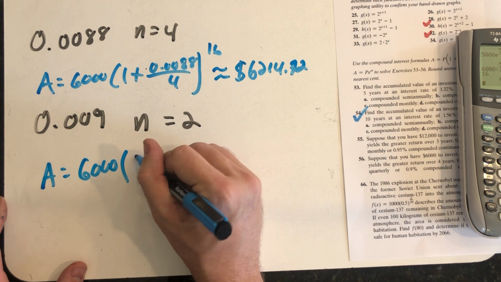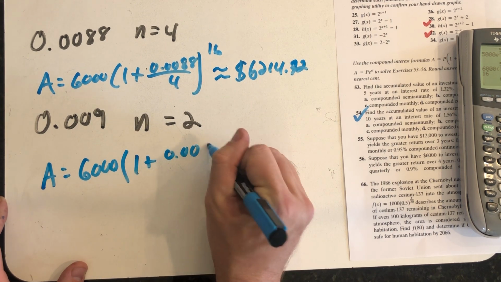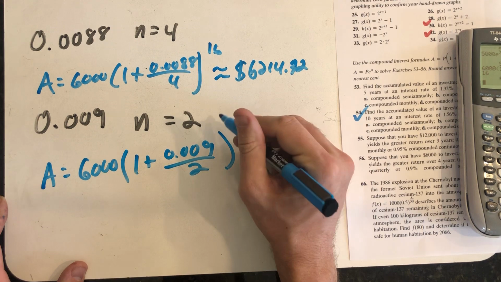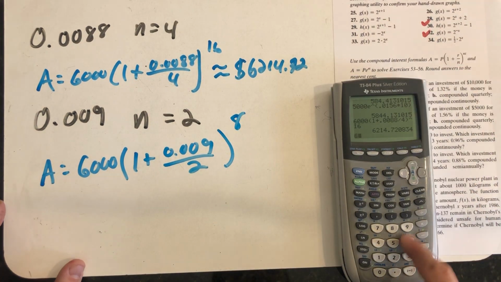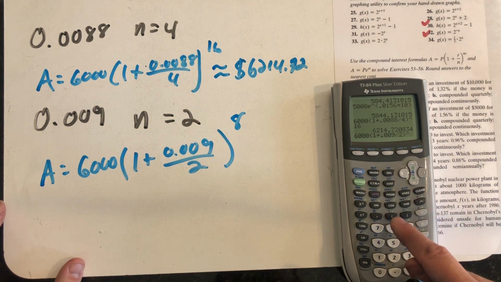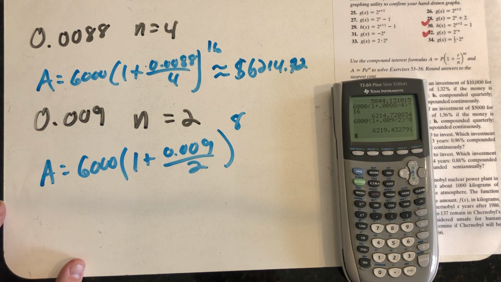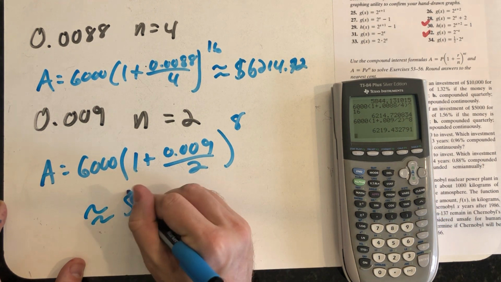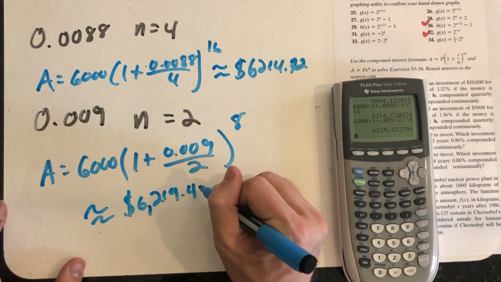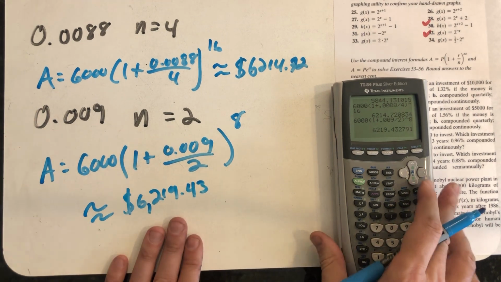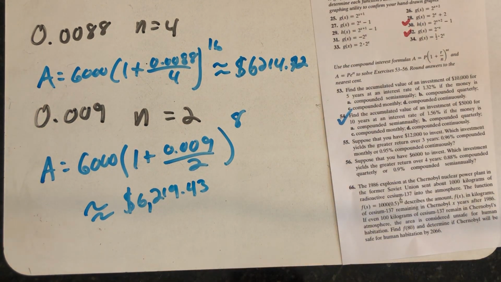Still have $6,000 as a principal. 1 plus 0.009 divided by 2. And then the exponent, I have n times t, which this time's just 8. And I get $6,219.43, which that's your better account, not by a whole lot, but by enough to matter.